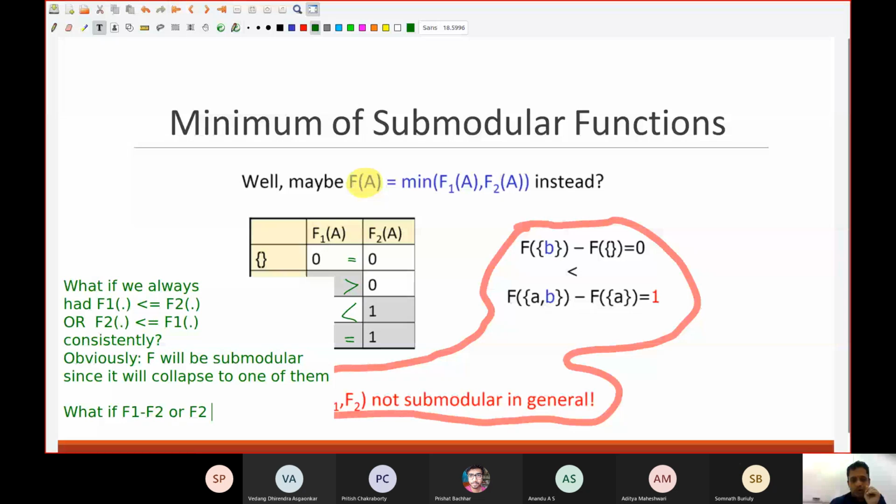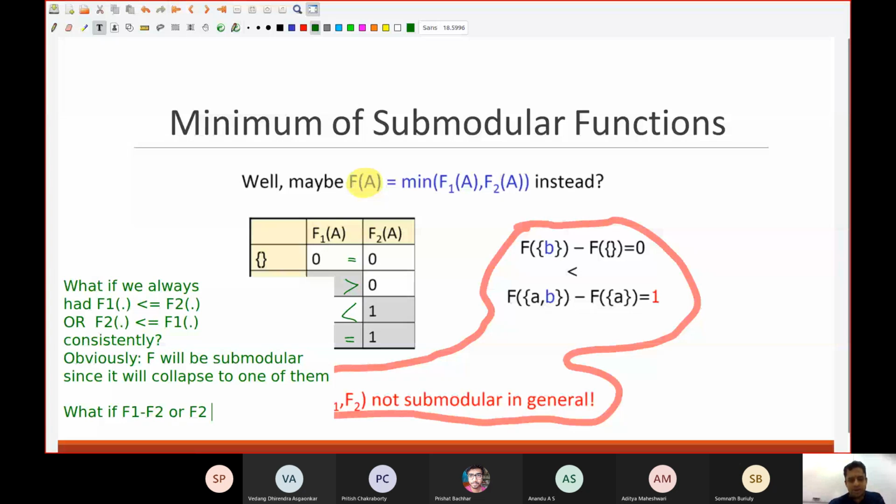It's 1 minus 0 at A. At B it is 1 minus 1. But at B, it is 0 minus 1. So F1 minus F2 at B is minus 1.